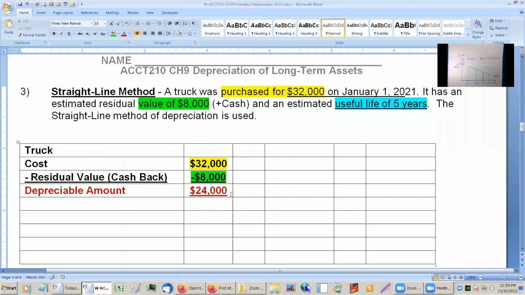So that's the depreciable amount. It's going to depreciate by 24,000, and it's going to do that over 5 years.